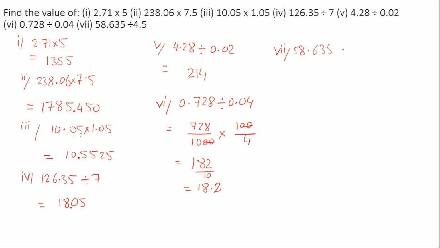And last, number 7. 58.635 will get divided by 4.5. It can be written as 58635 by 1000 into 10 by 45. Now 100 is left at the denominator, leave it for now and divide 58635 by 45.